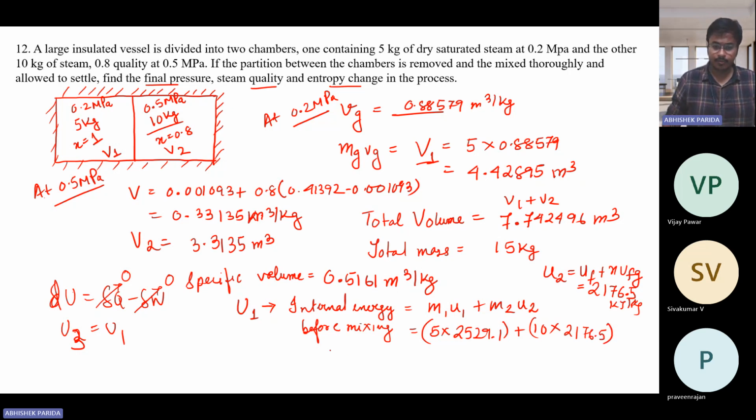Now finally, we know 15 into U3 is equal to this much. Let's calculate: 5 into 2529.1 plus 10 into 2176.5. I'm getting 2294.